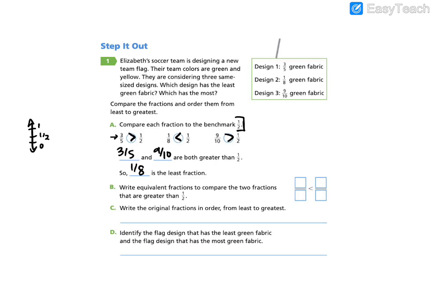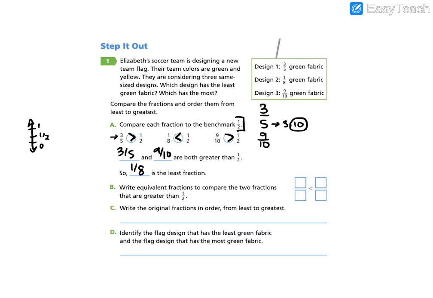We want to write equivalent fractions to compare the fractions that are greater than 1/2. So I want you to use the space over here. We're going to go ahead and compare 3/5 and 9/10. All right, I'm going to go ahead and list my common multiples. Right away, I see a common multiple. Do you? 10. So do I need to do anything with 9/10?